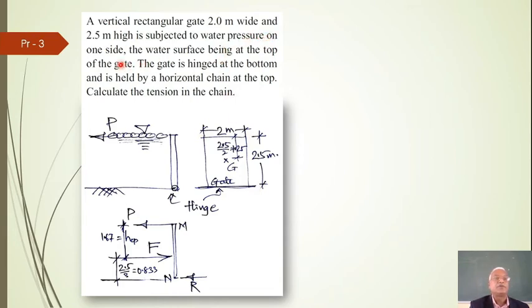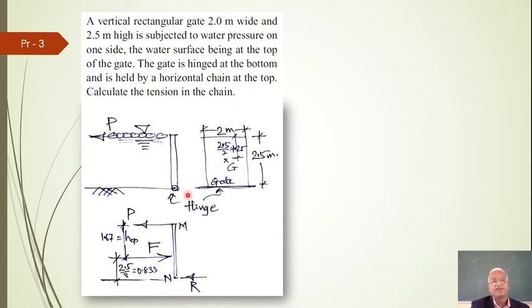On one side, the water surface being at the top of the gate means the surface of water is matching with the edge of the gate. The gate is hinged at the bottom and is held by a horizontal chain at the top. Calculate the tension in the hinge.